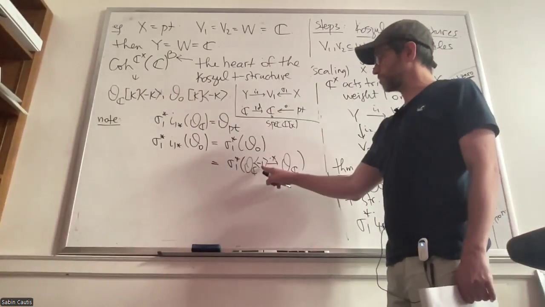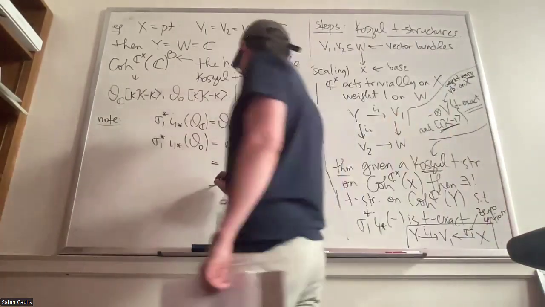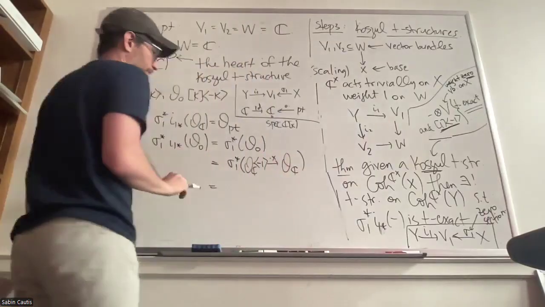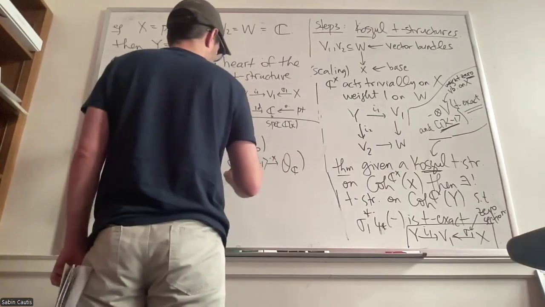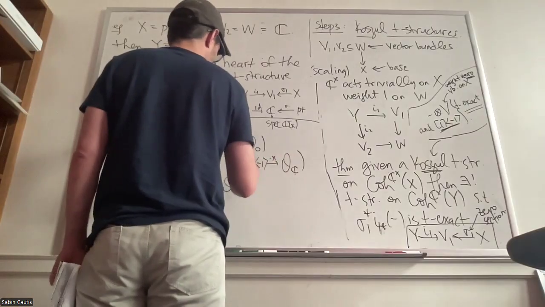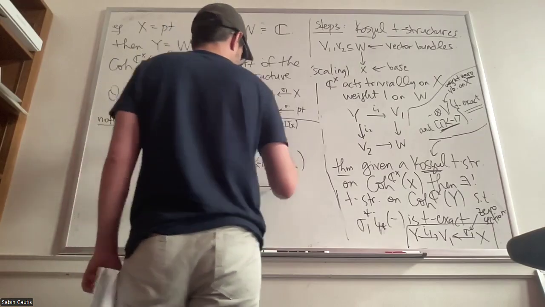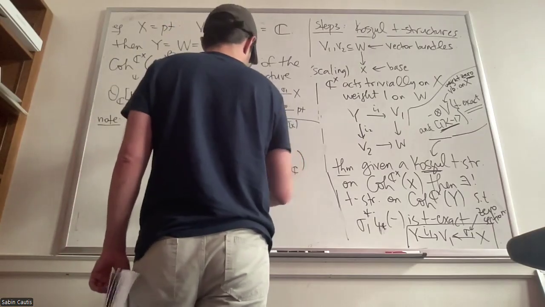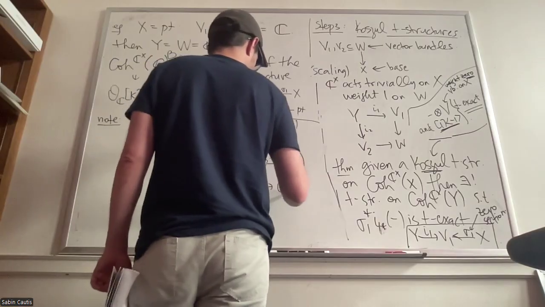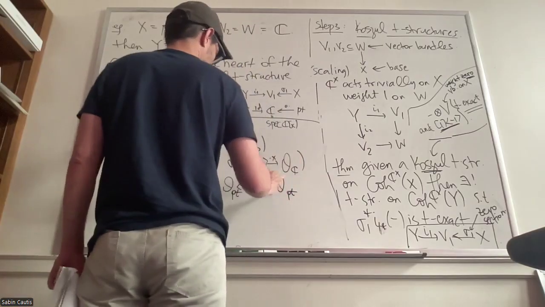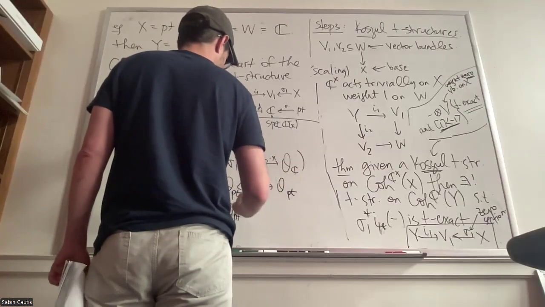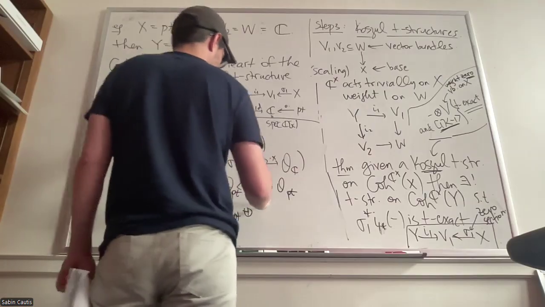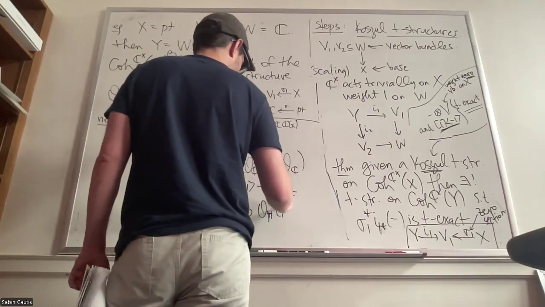And of course, when you pull it back, everything splits. So you get O of O -1 mapping to O of the point, which is in degree 0, so this is O of a point, direct sum, this is in degree -1, so this is O of a point shifted by -1.